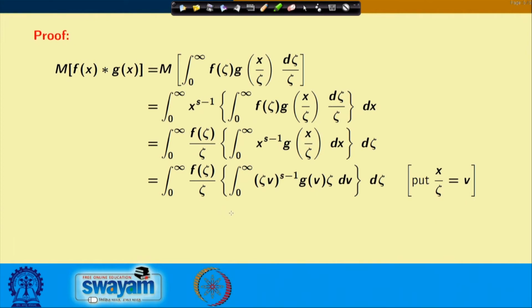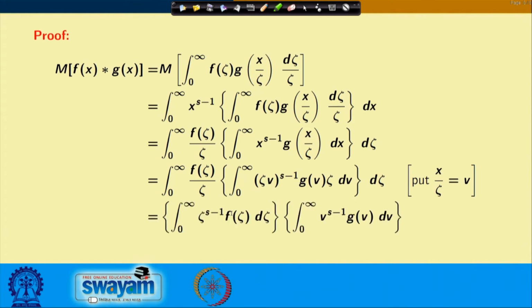First I am changing the order of the integration, that is d eta and dx, and getting the third line. From the third line, if I substitute x/eta equals v, I will obtain 0 to infinity f(eta)/eta, 0 to infinity (eta v) to the power s minus 1 g(v) eta dv into d eta. So now the two variables v and eta I can write down independently.